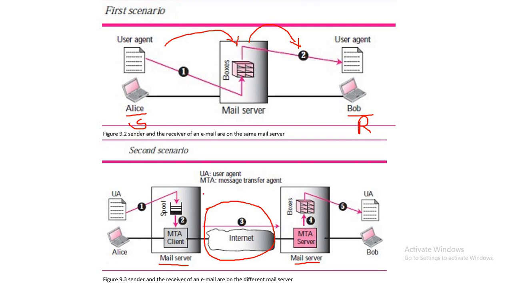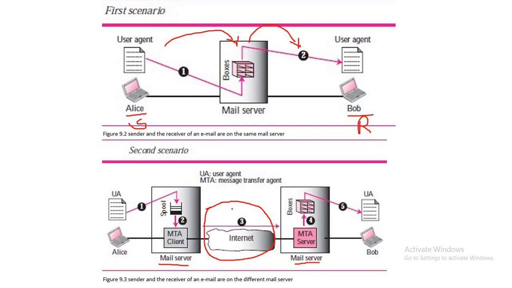Both servers are connected via internet, and the users are connected with the local servers. So here there is no use of internet between the sender party and the mail server. Same thing here, there is no internet connectivity between Bob and the mail server. Both users are connected with the local servers, whereas the two mail servers are connected via internet.